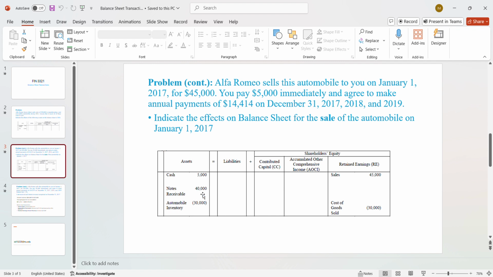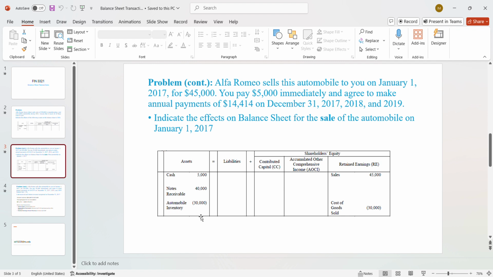So what happened to my automobile? Now I sell it to another party, right? So this sale is 45,000. It increases your revenue because this automobile is your inventory, and when you sell your inventory, this is basically your sales. So we add sales to retained earnings and we subtract automobile inventory from the assets because you have no more assets with you.